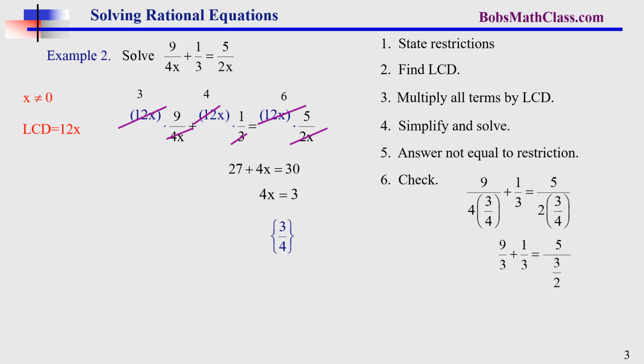A little bit of work here. On the left-hand side, 4 times 3/4 is 3 because the 4's cancel. And on the right-hand side, 2 times 3/4. 2 and 4 reduce, the 2 cancels, and 4 becomes a 2.